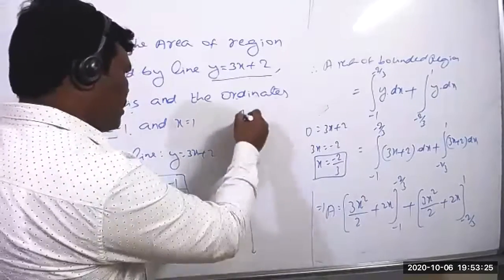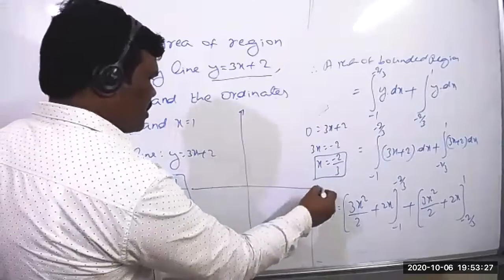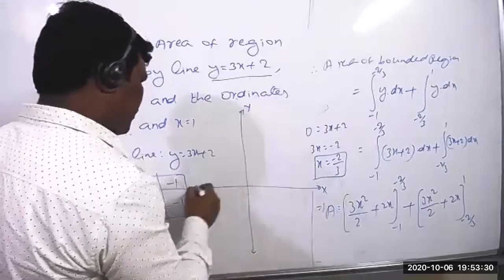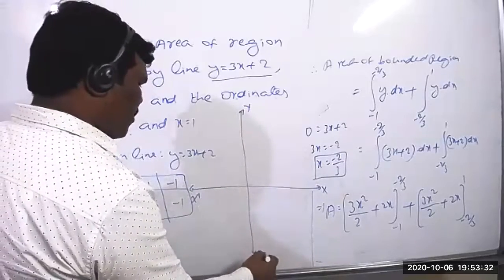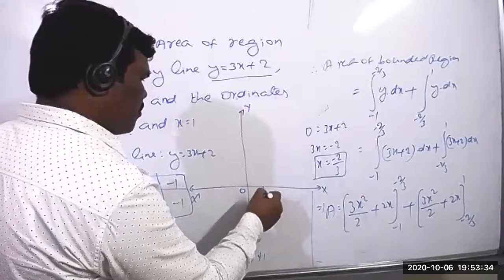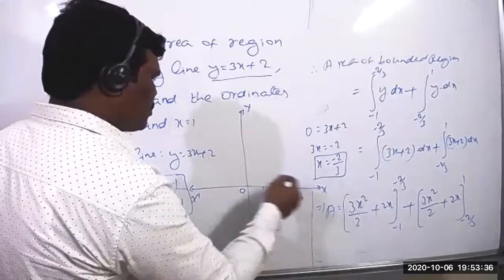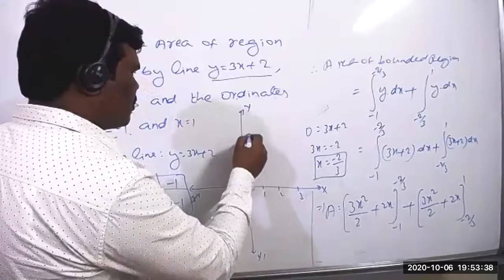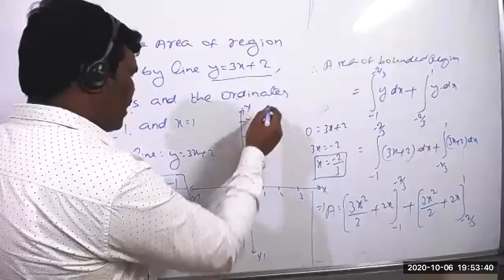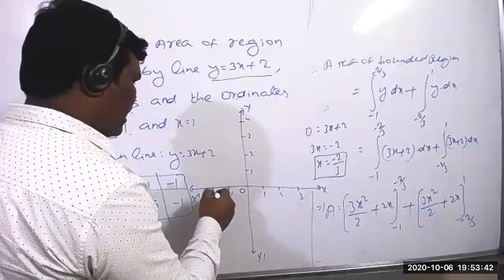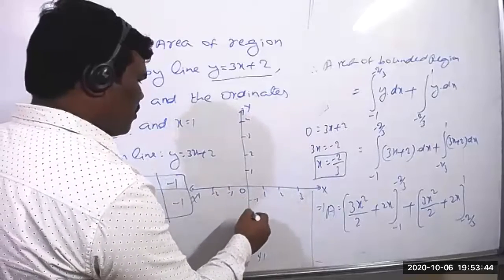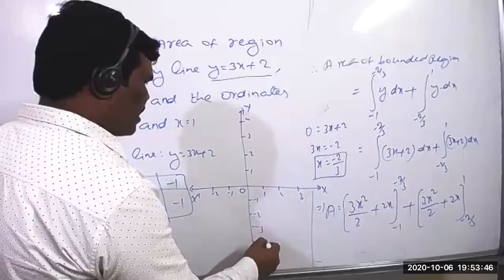I'll take x, y, x dash and y dash, and 0, plus 1, 2, 3, 4 and 5 outside, and minus 1, minus 2, minus 3, minus 4, and so on.